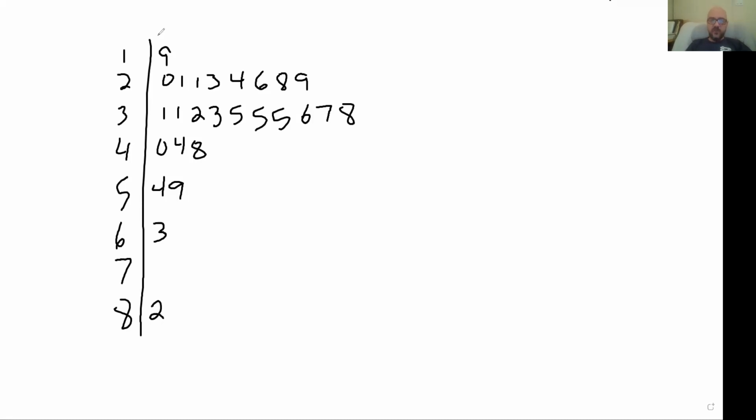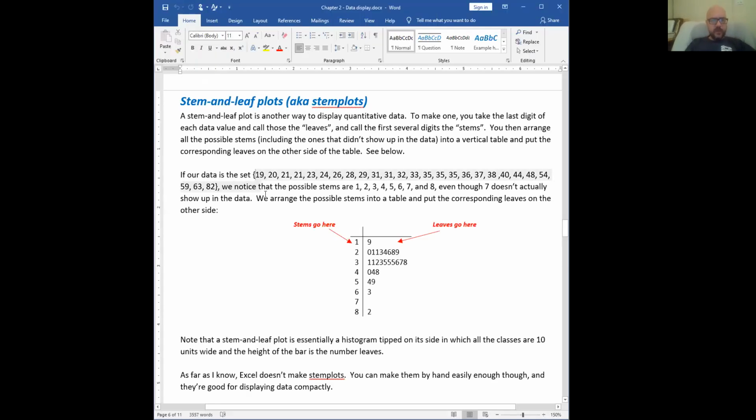It's actually a little bit easier to read this than it is to read the original data. I personally think that this is harder to digest than this is. This gives you a sense of how many 20s and 30s and whatnot that you have. And so sometimes I will present data like this.